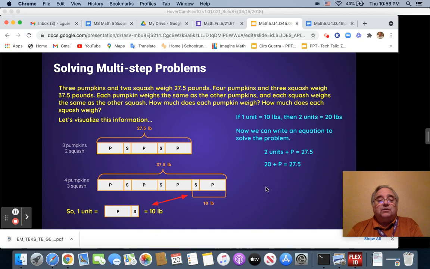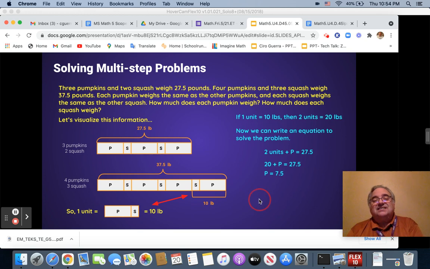So what does P equal? Well, P equals 7.5. Excellent. Good job. Now that I know that a pumpkin weighs 7.5, can I find out how much a squash weighs now? Yes, I can.